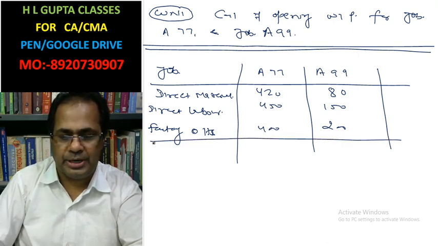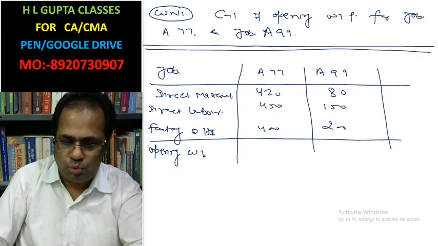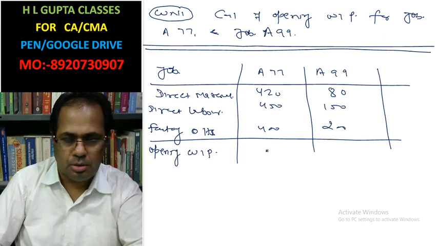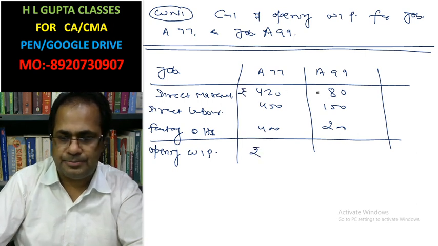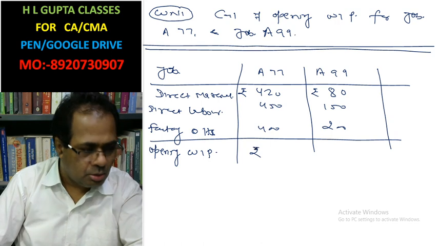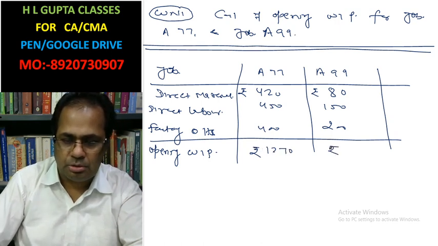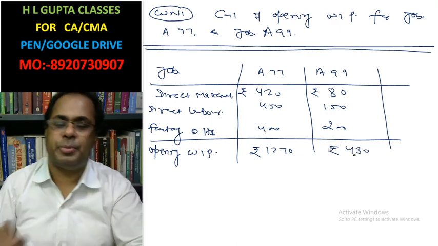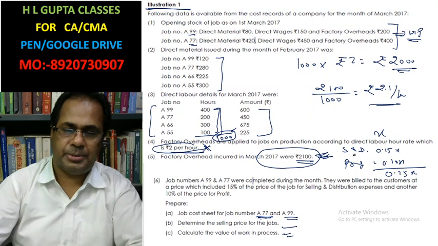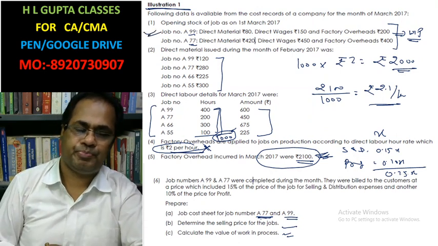Opening work in progress is rupees 1270, this is rupees 430. This is the opening work in progress. This information is given here as information number 1, opening work in progress.